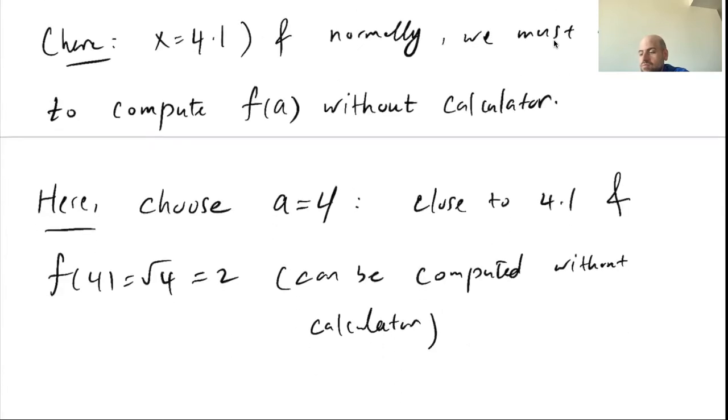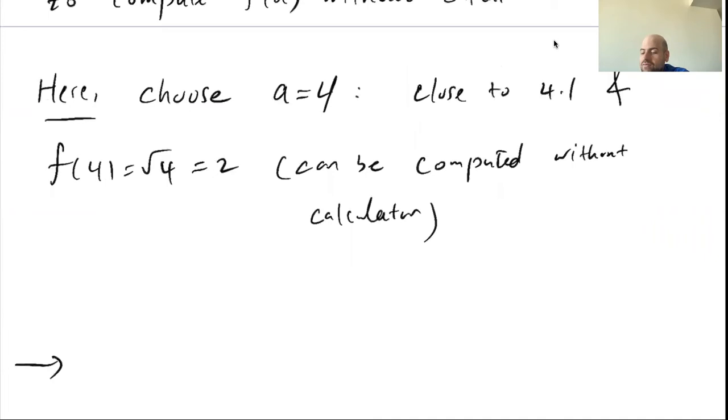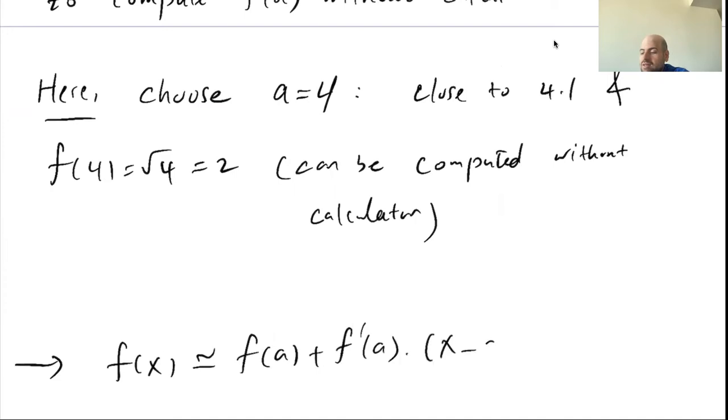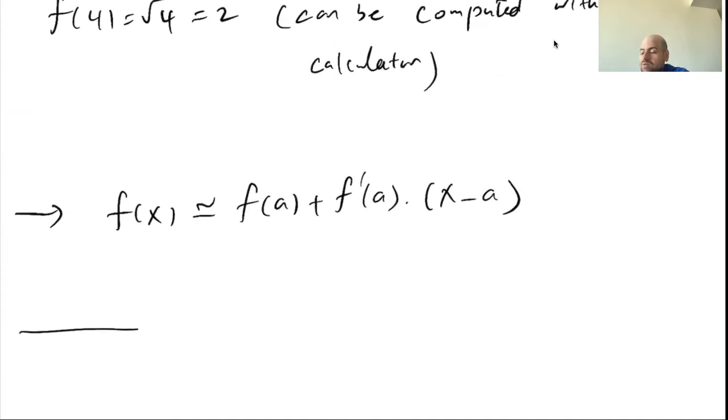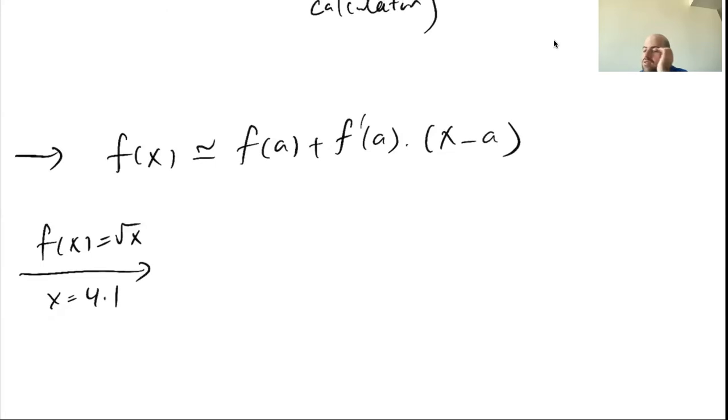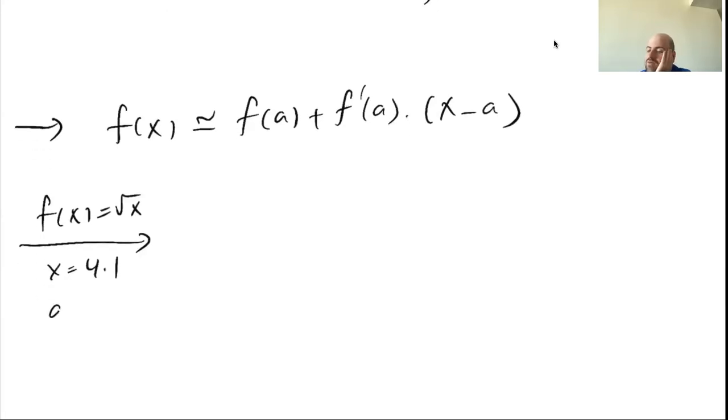So that's it. We can say that f of x is almost equal to f of a plus f prime of a times x minus a. And what do we know? We know that f of x is root x, x is 4.1, and a is 4. f prime of a will be 1 over 2 root 4, because if f of x is root x, f prime of x will be 1 over 2 root x.